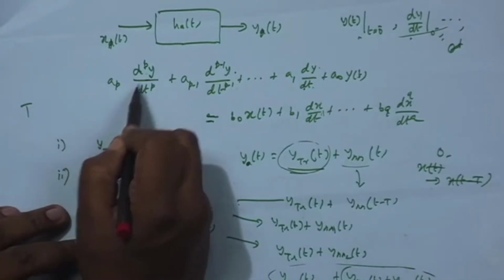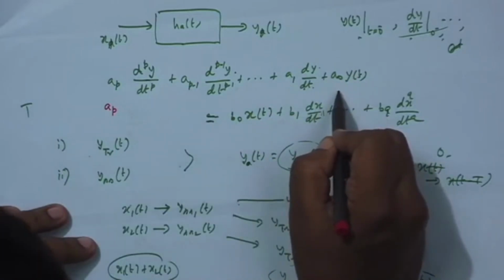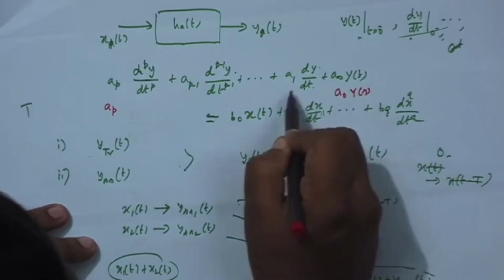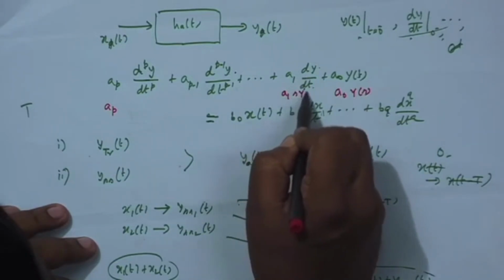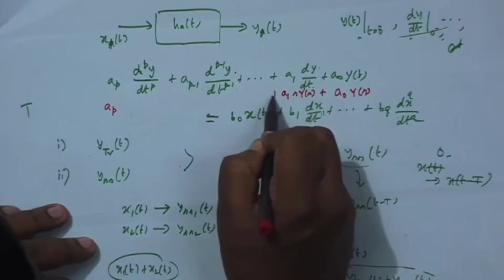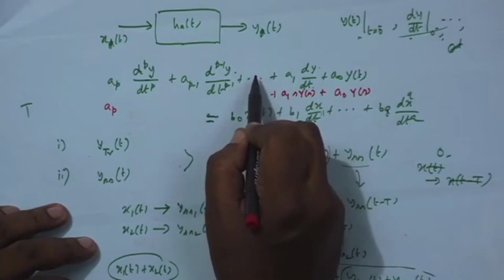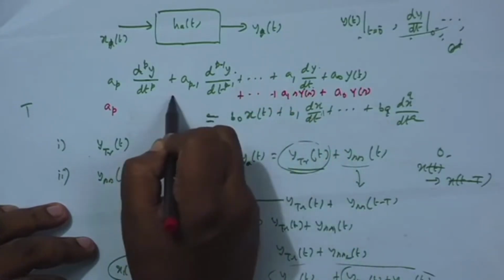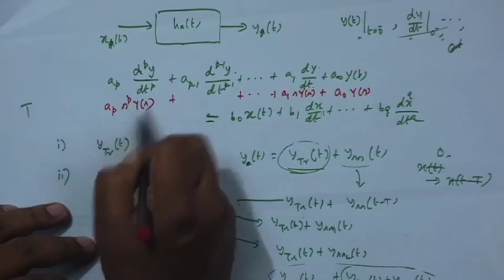If I apply the Laplace transform here, it will be A0 Y(s), here it will be A1 s Y(s), dot dot dot. Next one, if it is A2 d square y dt square, it will be A2 s square Y(s), dot dot dot up to Ap s to the power p Y(s).